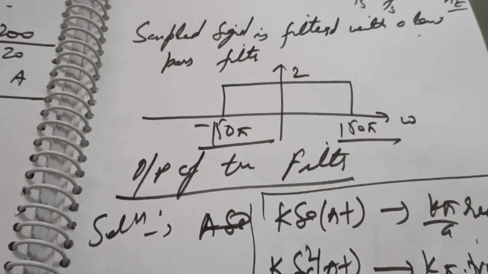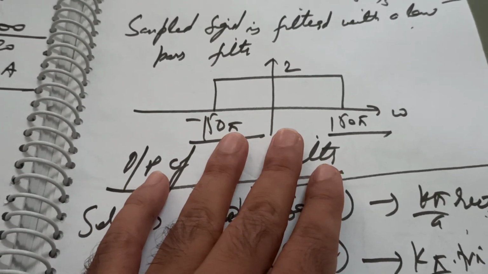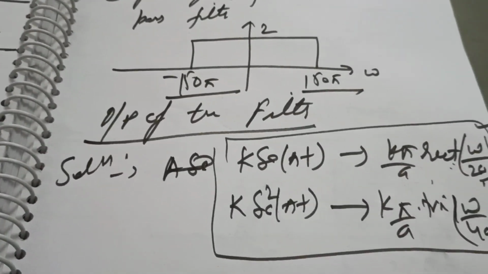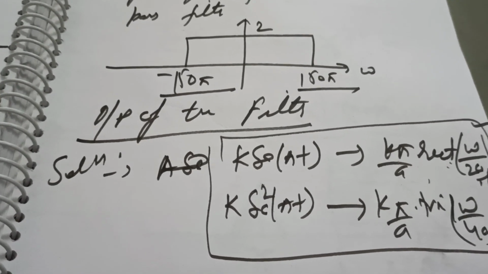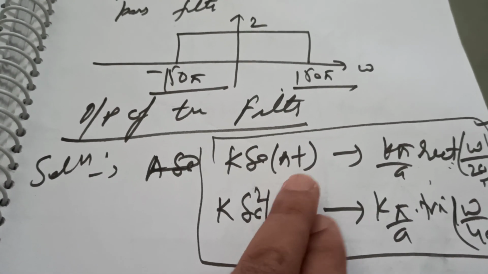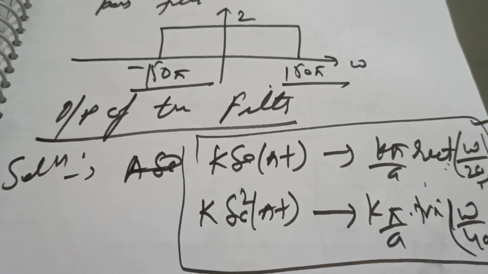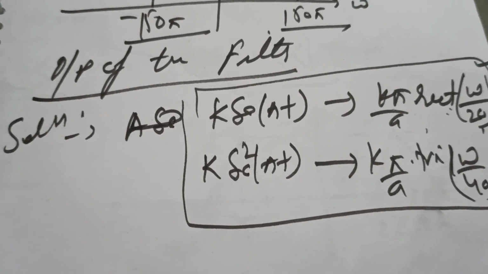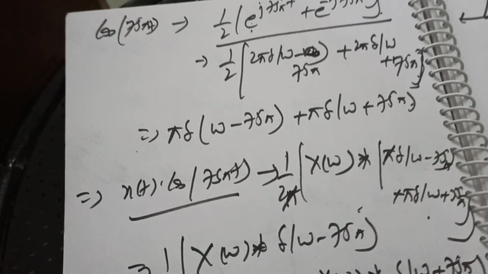This is the output of the filter; the maximum frequency that is allowed to pass through the filter is 150 pi. So the Fourier transform of k sampling AT is k pi by a rectangular omega upon 2a, while that of k sampling square AT is k pi by a triangular omega upon 4a. Clear?